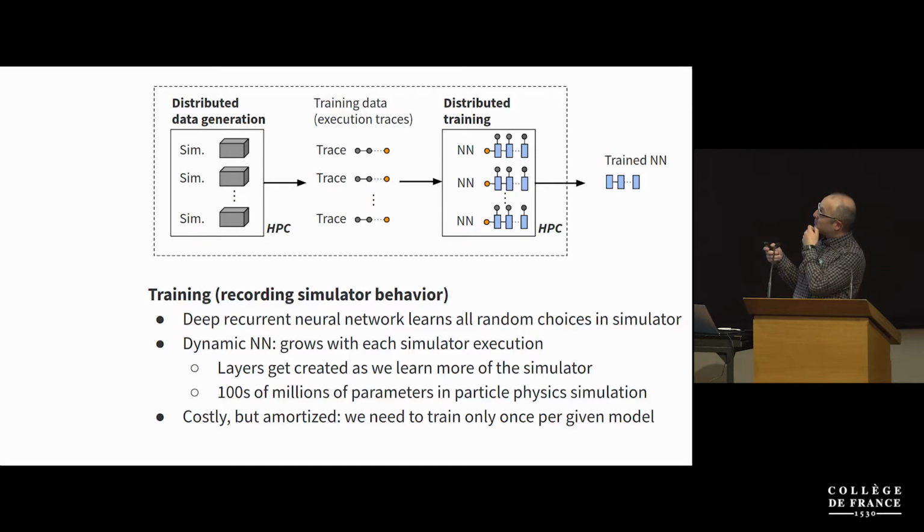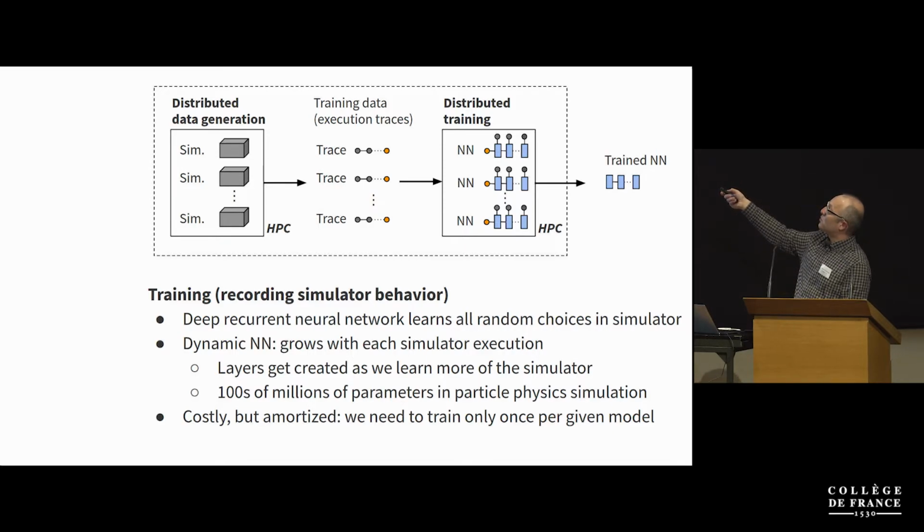And what we do with this amortized inference thing is, this orange node here is representing some observable variable, whereas the others are latent variables, let's say. And this is usually at the end of the simulator. So we do the inversion where we are actually training a neural network. And this is a recurrent neural network, like an LSTM, or a recurrent family.